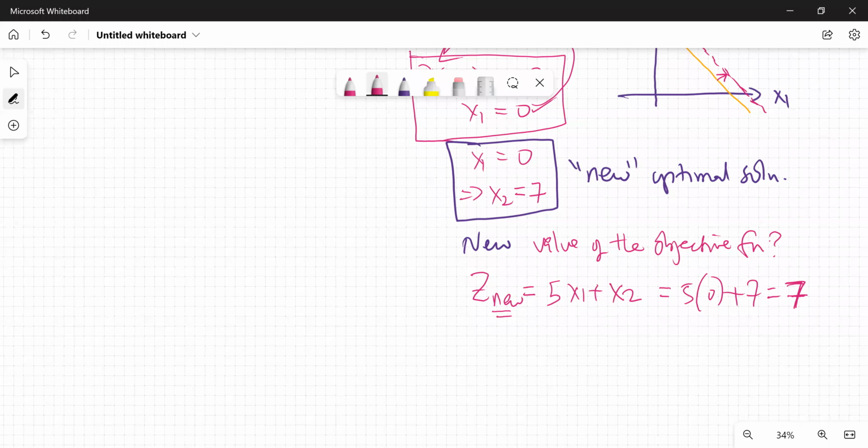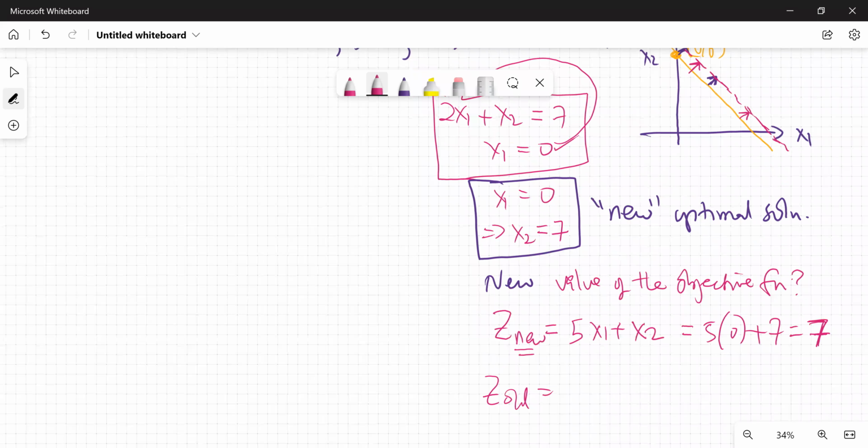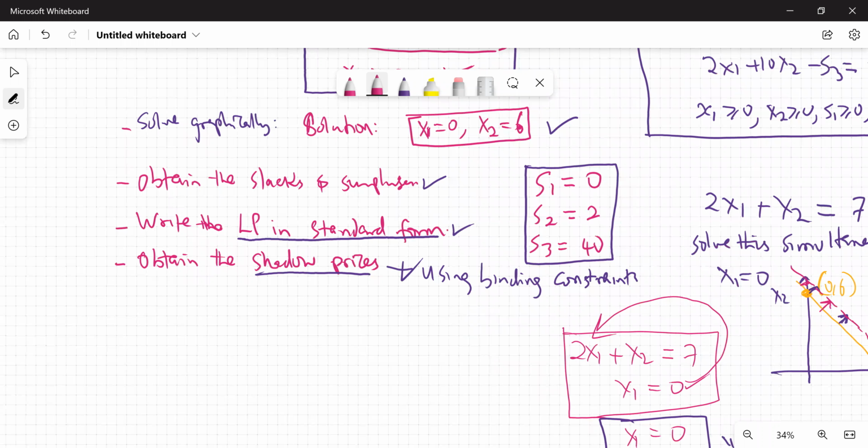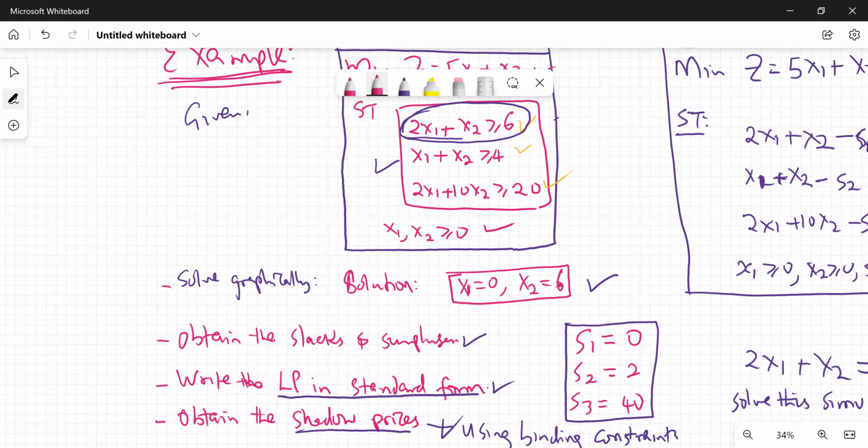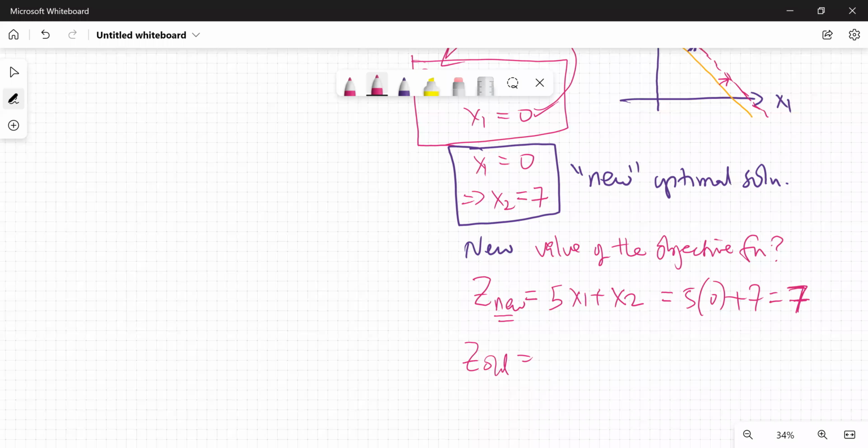So you compare that with our Z old. What is our Z old? Our Z old is obtained using the original values. This is 5 times 0 plus 6, which is 6.